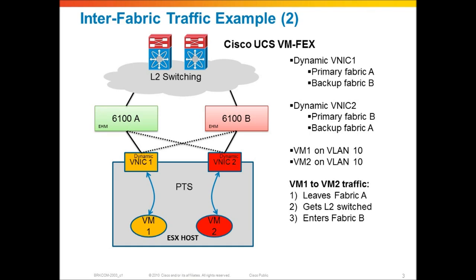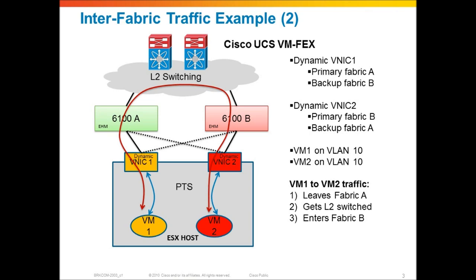So because of that round-robin placement, we could have a pair of VMs here that are on the same VLAN. They're both on VLAN 10 and they need to communicate. But because they've been placed on different fabrics, for them to communicate to each other at layer 2, that will have to egress out of fabric A, and fabric A 6100 will have to send that flow up to the upstream layer 2 switch environment on VLAN 10 to come back down on fabric B and be received on dynamic VNIC 2 and received by virtual machine 2.